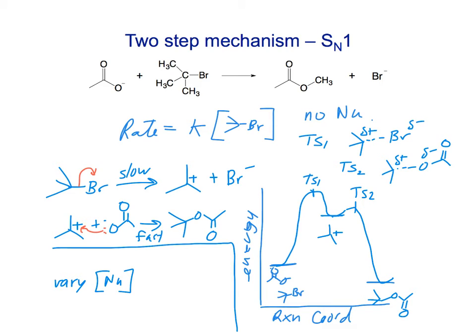Because the nucleophile does not appear in the rate law for the two-step mechanism, varying the concentration of the nucleophile should have no effect on this rate. So we vary this, and if the rate changes, then it would have to be an SN2 mechanism.